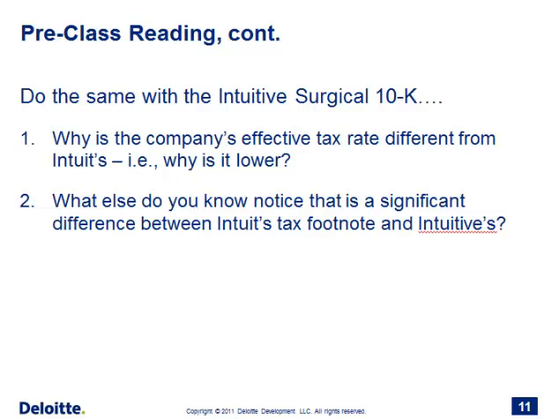Intuitive Surgical is a calendar year company, so their latest 10-K will be for calendar 2011. Take a look at their effective tax rate and compare it to Intuit's and see why it's different. Why is it lower? Just try to figure out the differences between the 2 companies. Why are they different? What is it? Anyways, take a look at that, and we can talk about it.